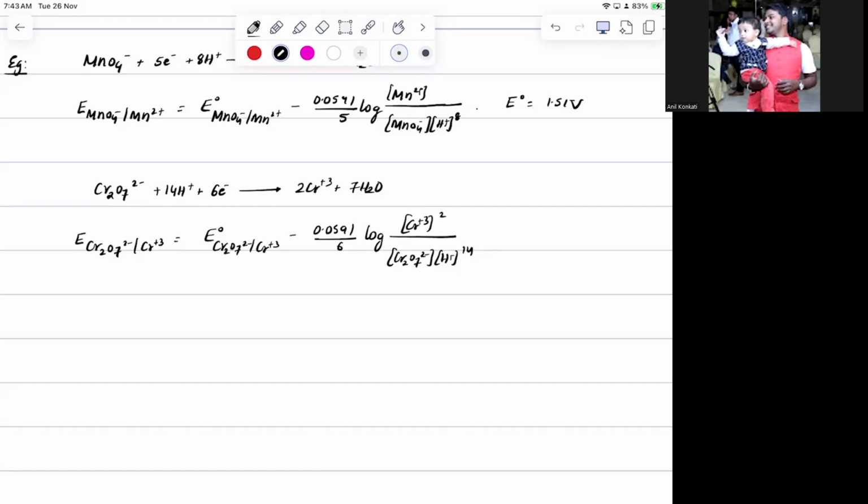So this is the value which we will have. I think I gave you enough idea about how we represent it.